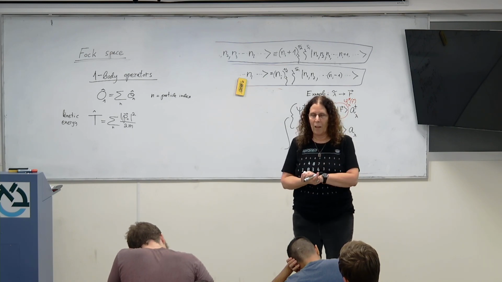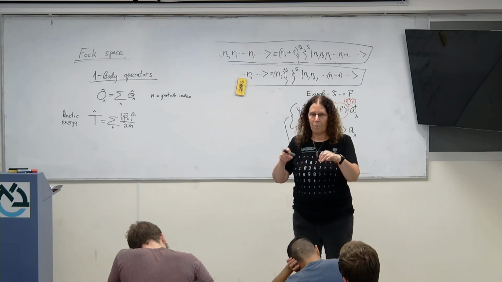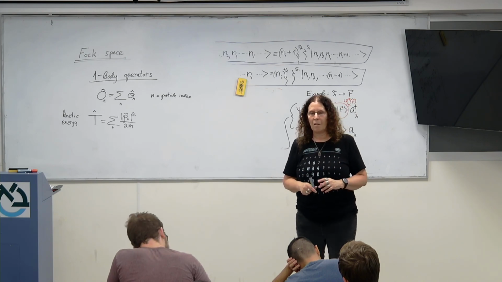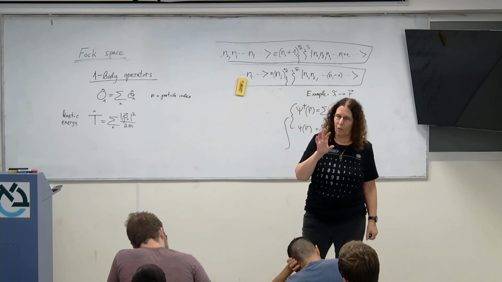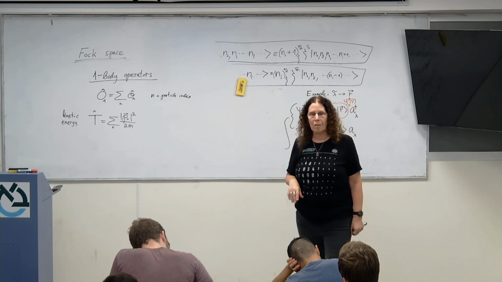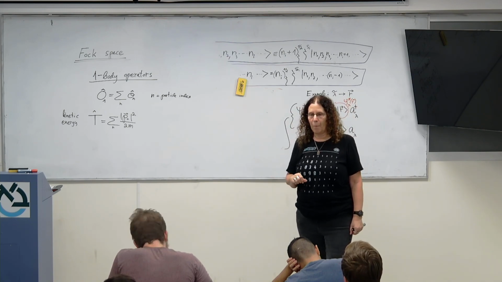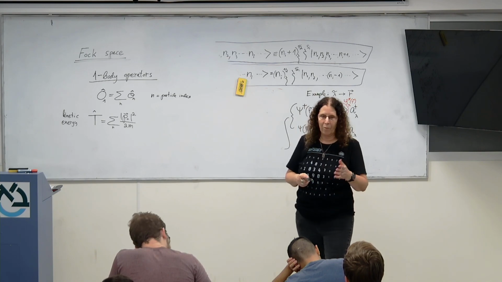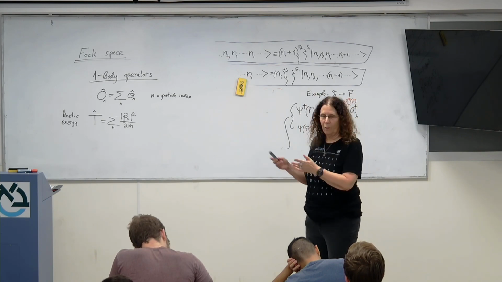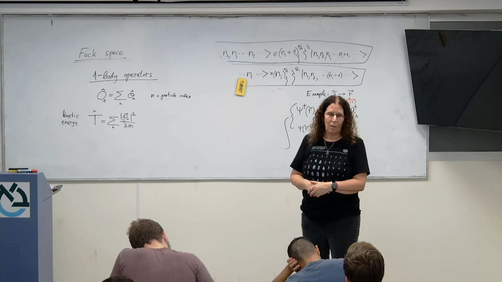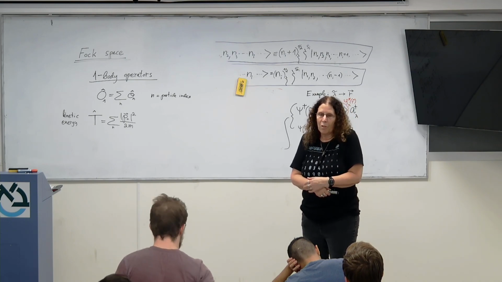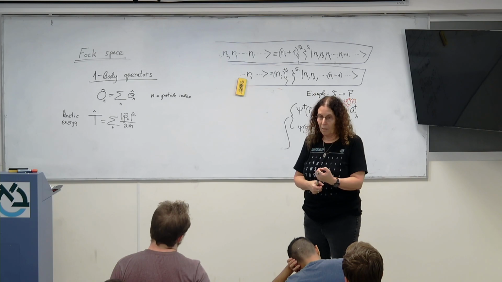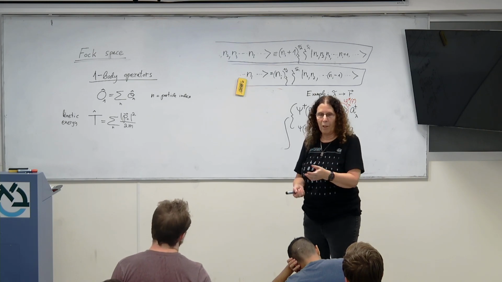If you remember, you have some discrete lattice sites, and you can have a term in your Hamiltonian that describes the amplitude for jumping, or tunneling, if you like, from site i to site j. This is also a single body operator. Why? Because it involves only one particle. It moves it from A to B.